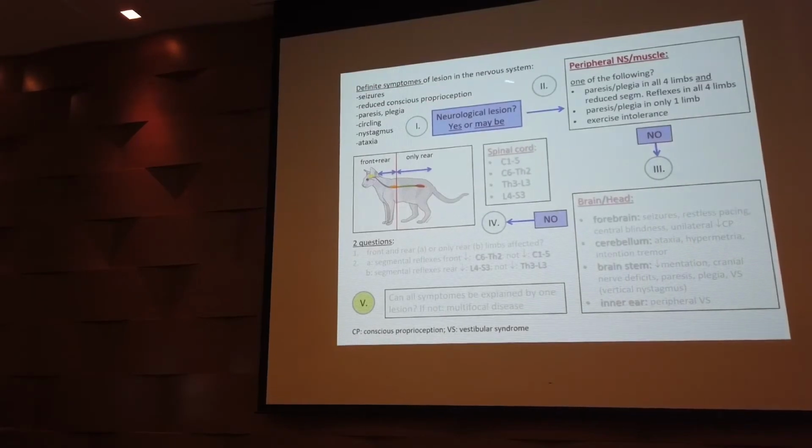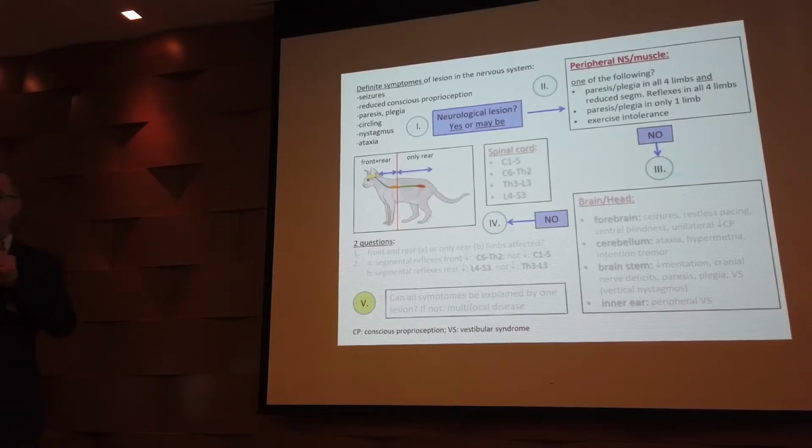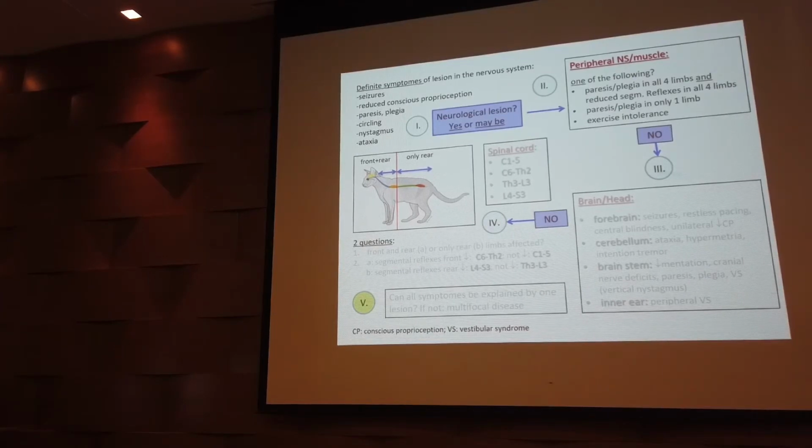Okay, so we have answered the first question with yes. Now we ask ourselves, could that be a problem of the peripheral nervous system? And the first criterion, and I will repeat that several times: if you have reduced motor function, meaning paresis or plegia in all 4 limbs, plus reduced segmental spinal reflexes in all 4 limbs, you have a disease of the peripheral nervous system.